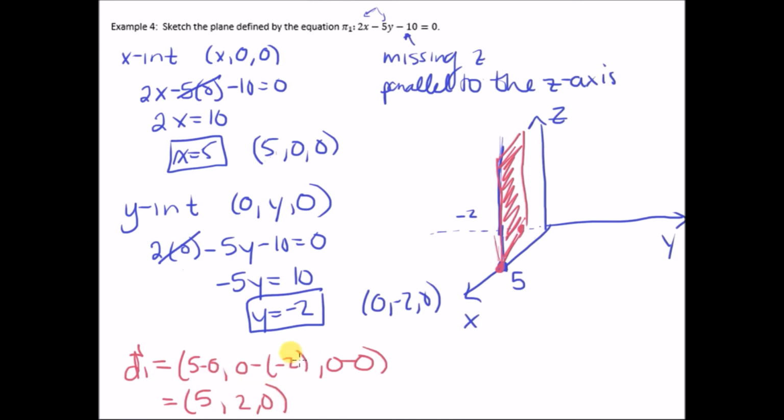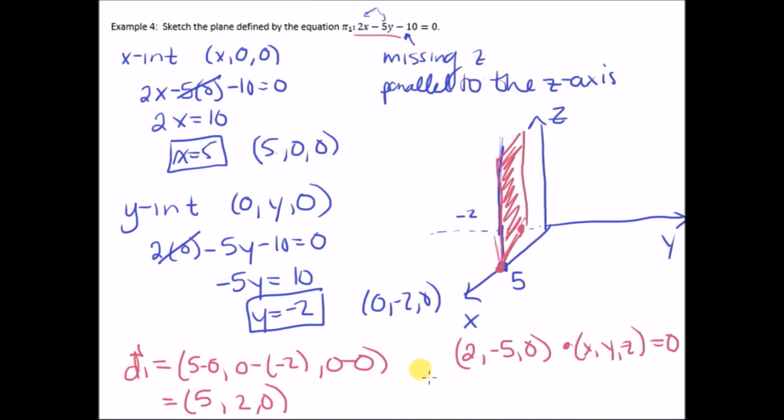And the other direction vector, well, we know that when we dot (2, -5, 0) with some point x, y, z, we need to get 0 in order for it to be a direction vector, because (2, -5, 0) is our normal.